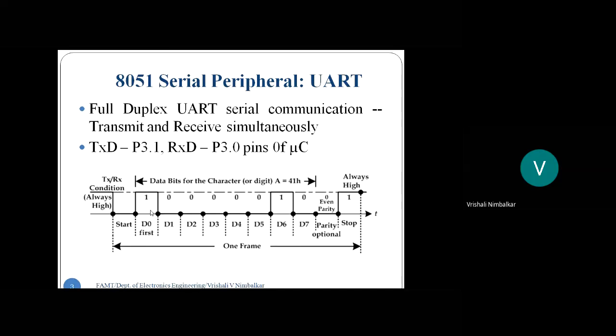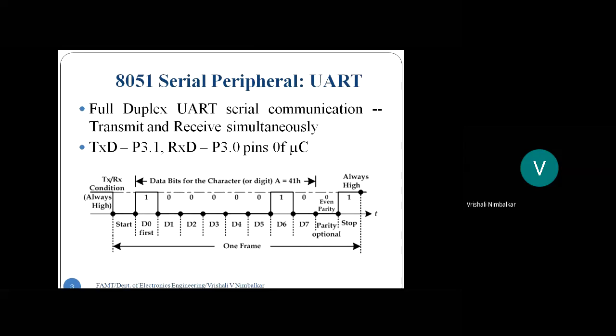What am I sending here? 41, so the sending begins from the LSB. The start bit is an indicator to the receiver that the data bits will arrive immediately next. And when the stop bit arrives, it indicates to the receiver that the data frame has finished. The stop bit is logic 1, and it can be either 1 bit or 1.5 bits.